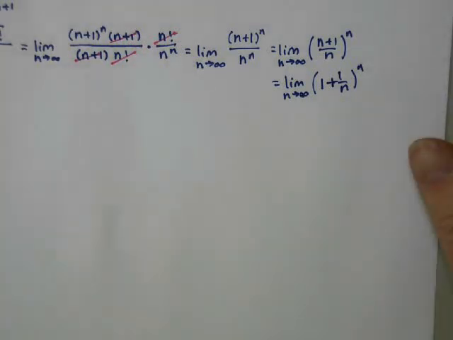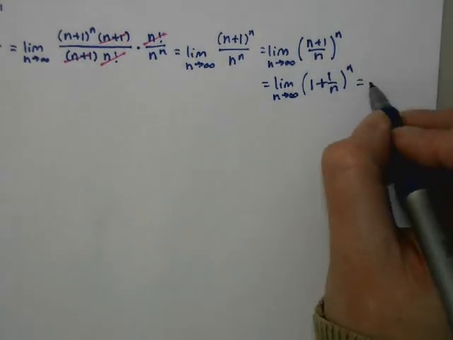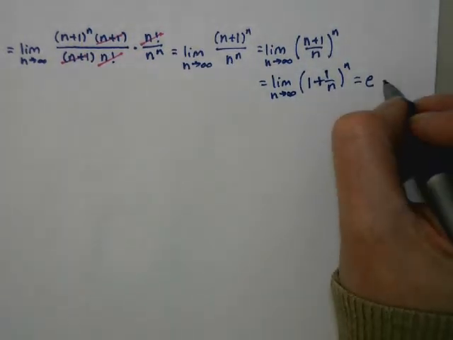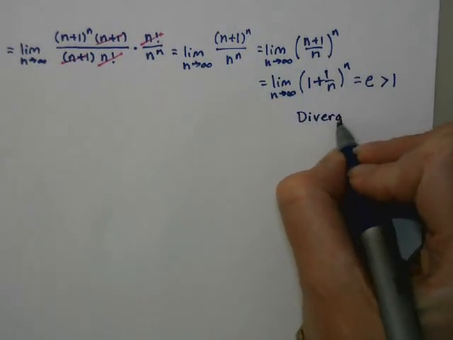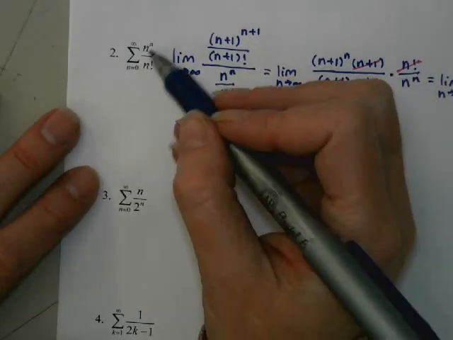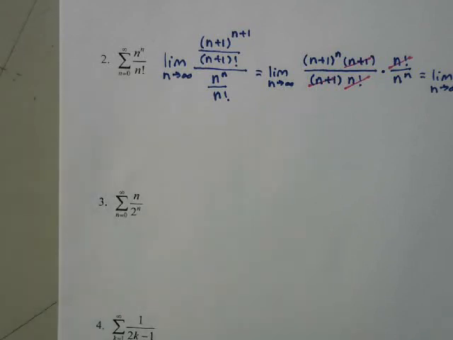So we get 1 plus 1 over n to the n, which has come up in really random locations, but it will continue to come up quite frequently. This is e. 1 plus 1 over n to the n is the value e. E is bigger than 1, which means this series diverges. Okay, going back to what that means, n to the n grows faster than n factorial.